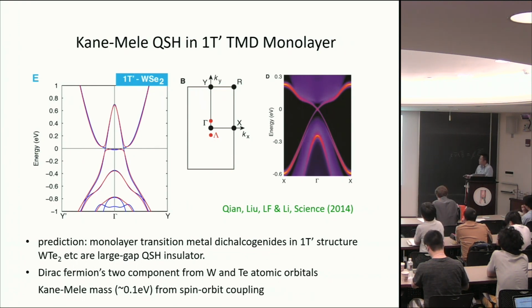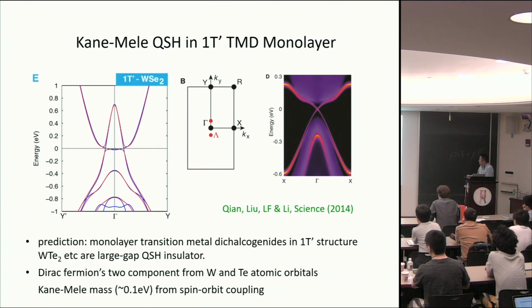But when we turn on spin-orbit coupling, you see again it opens up a gap at this Dirac point, leading to an insulating state. So this is basically very much similar to the Kane-Mele model. Turning on spin-orbit coupling at the Dirac point generates the 2D TI.